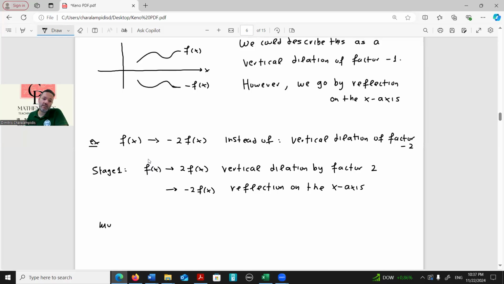So this would mean multiplying the y coordinate of the point by that negative number.